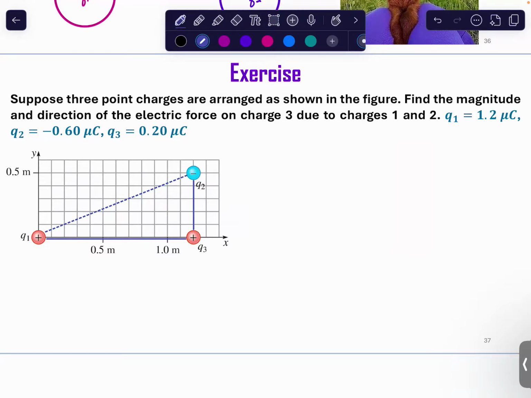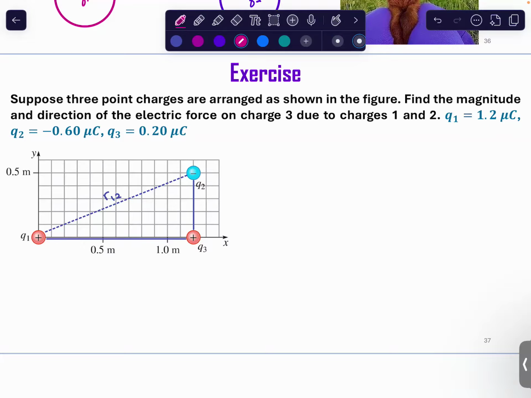When we work with forces, we have to know the separation between the charges. That hypotenuse is going to be the separation between 2 and 1. In this case we won't really need it, but we will in the future. We'd call that R12.